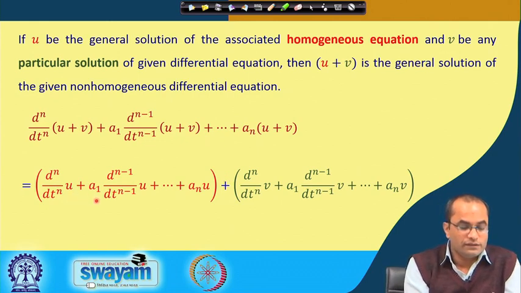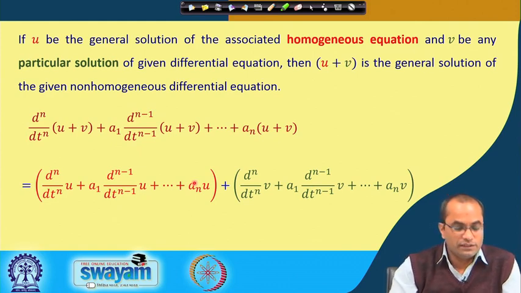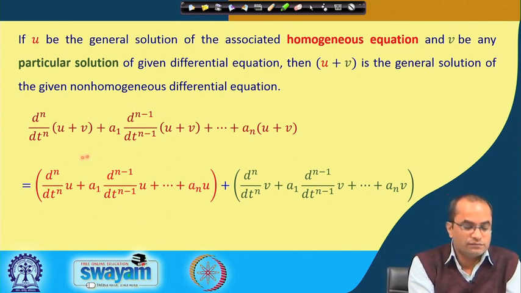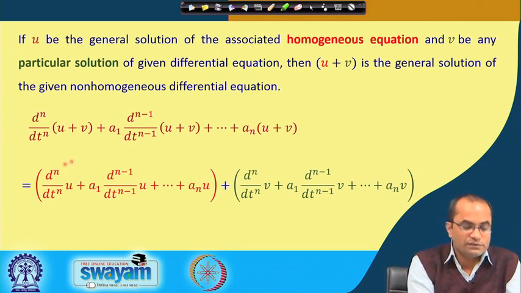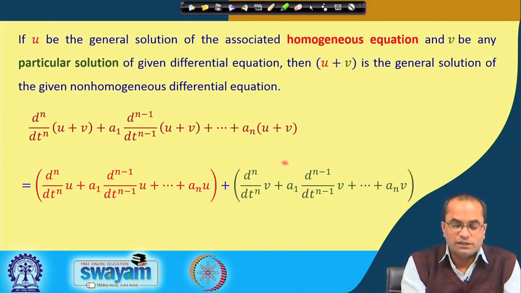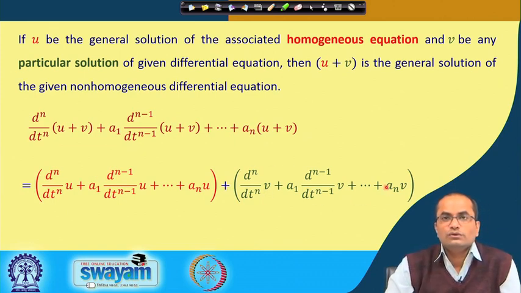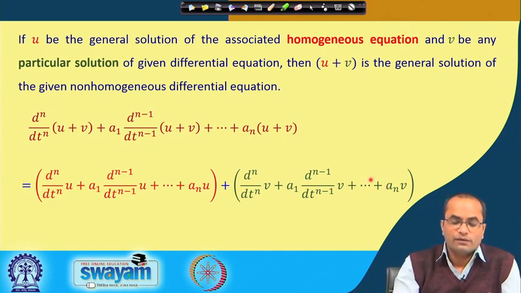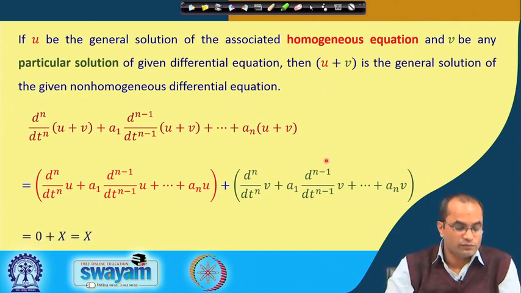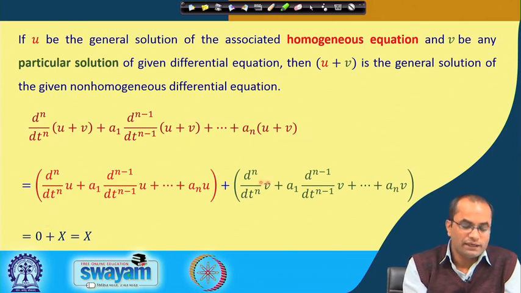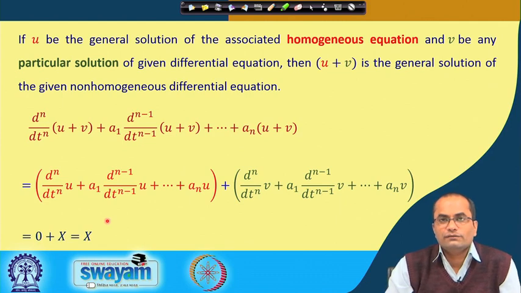Now, because u satisfies the homogeneous equation, this part will be 0. And v is a particular solution of the given non-homogeneous equation, meaning that here we will get the right hand side, that is x. So we have 0 from one part and x from the other, and this adds up to the right hand side of the given differential equation.